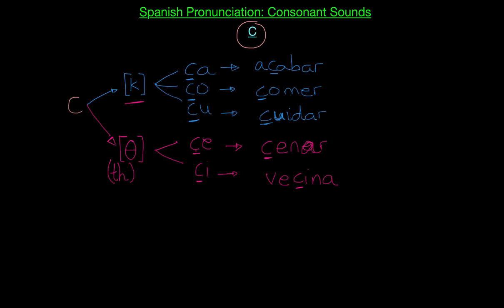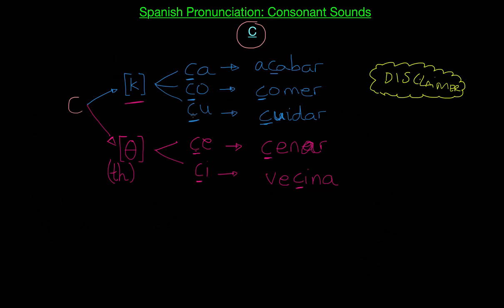At this point, I need to do a little disclaimer, a little warning. I am from Barcelona, from northern Spain, and this is the way I would pronounce it. This is probably the way we will find it in most of Spain, the and thi.